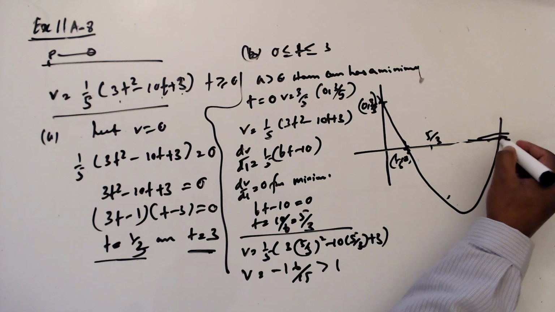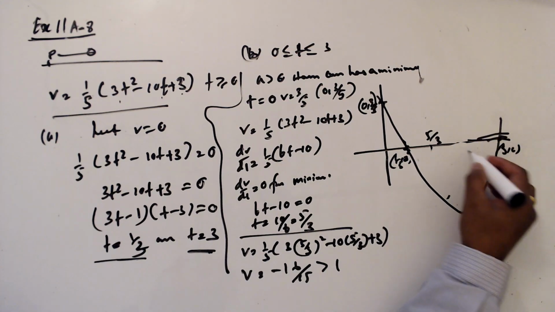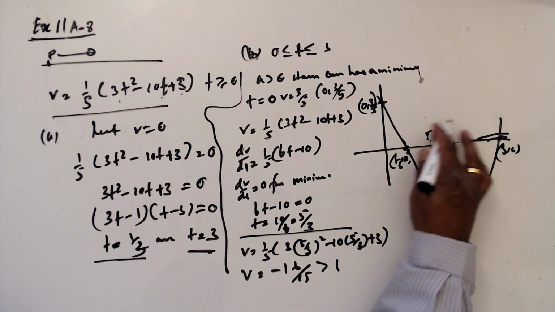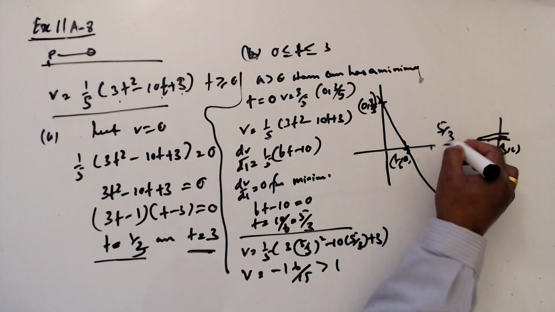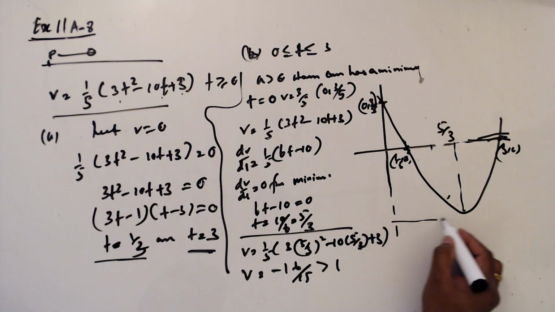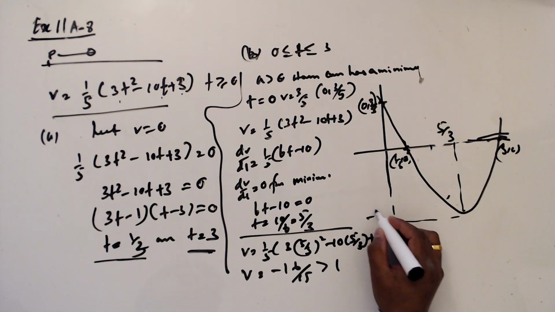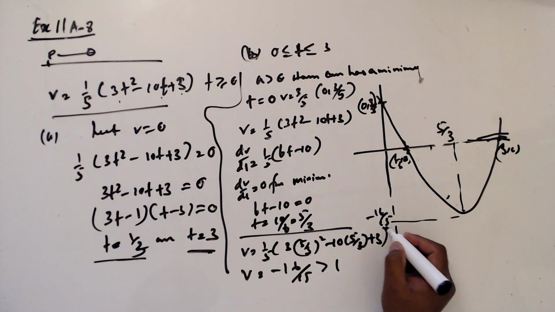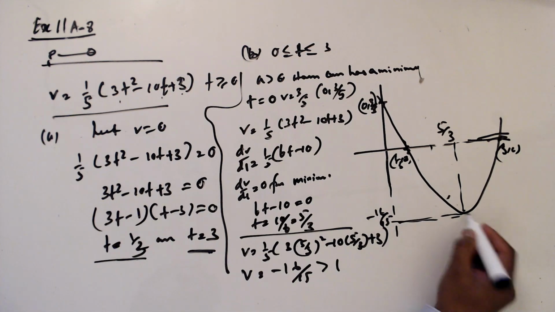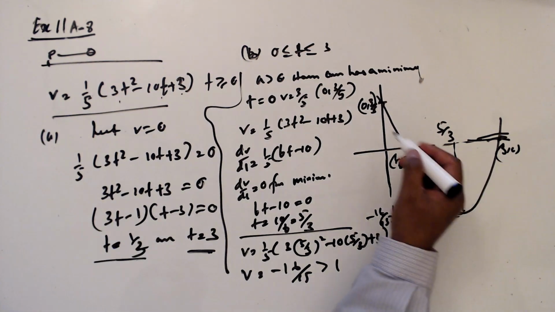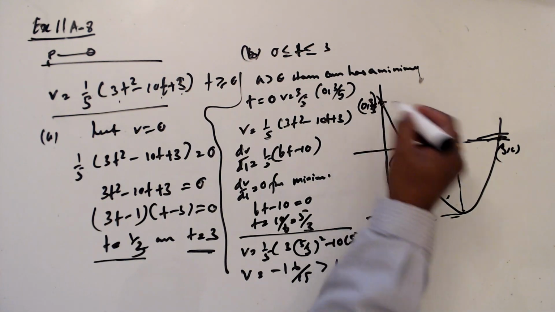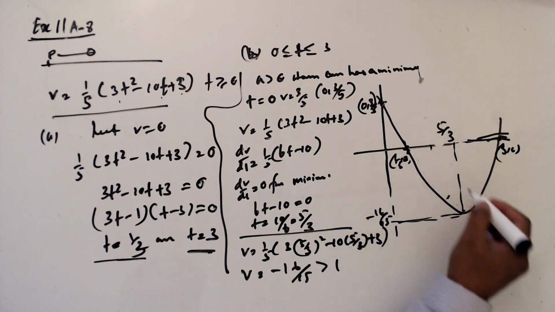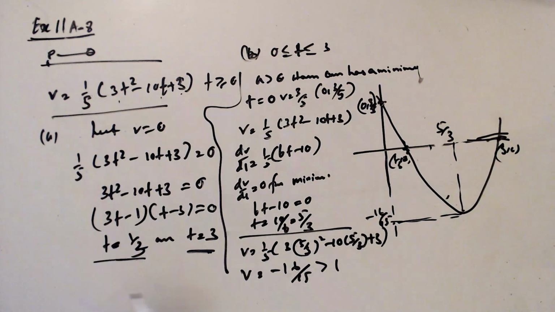Something like that. So this is 3, 0, and this is 5 by 3, and this height is minus 16 over 15. So when you look at the magnitude, this is the highest magnitude.